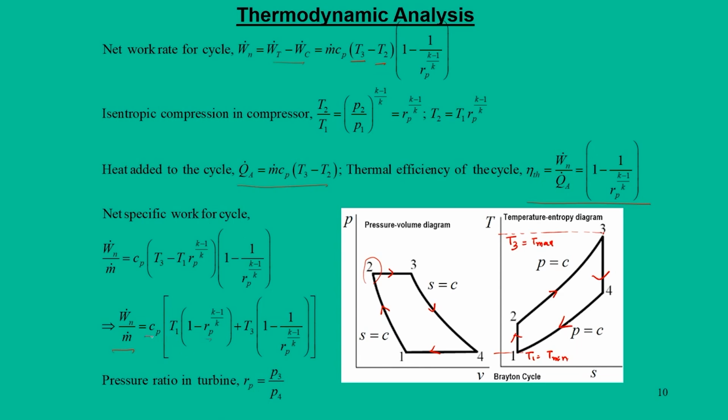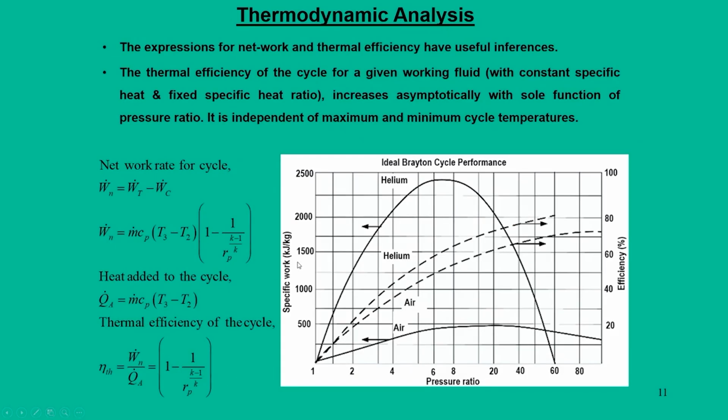Additionally, it also depends on the working fluid, so that is a function of Cp. The characteristics of the working fluid come in with respect to k, that is the specific heat ratio, and Cp. These two numbers are very vital for the choice of the gas being used as a working fluid. So, with this we will try to emphasize what inferences we get out.